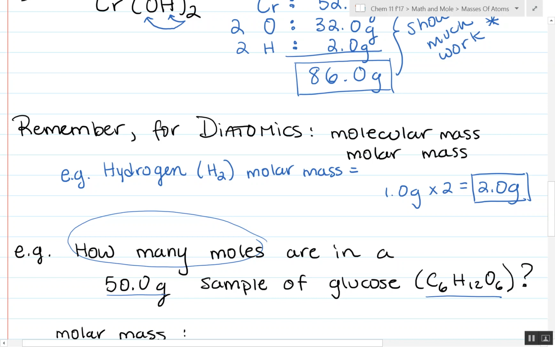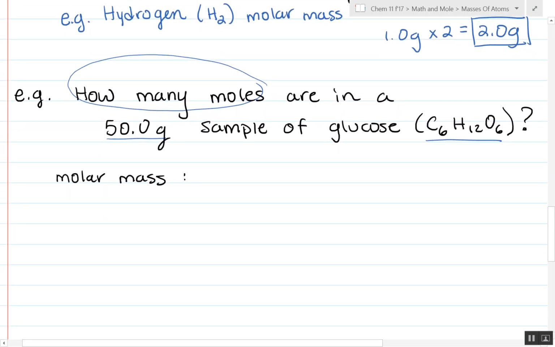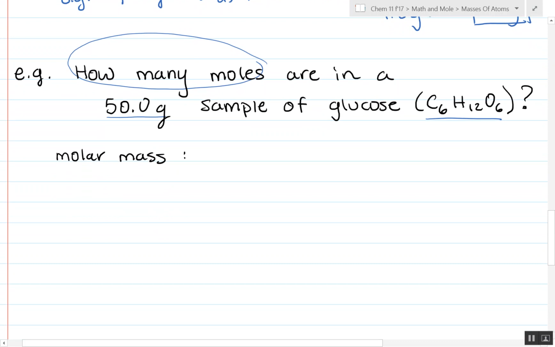So the first thing you want to do in these types of questions is calculate the molar mass of the compound. So let's go ahead and do that. We have 6 carbons, each with a molar mass of 12. So that gives us 72.0 grams coming from carbon. We have 12 hydrogens, each 1 gram, so it's 12 grams per mole.